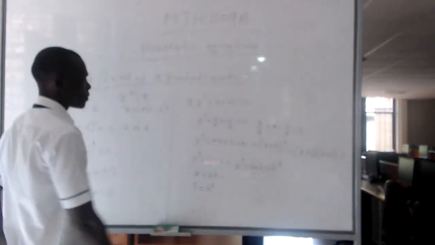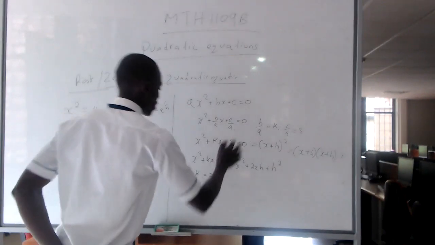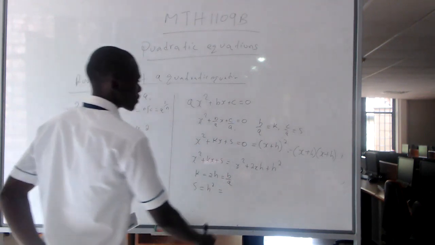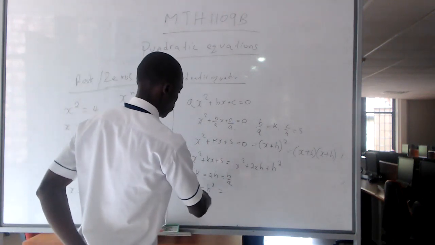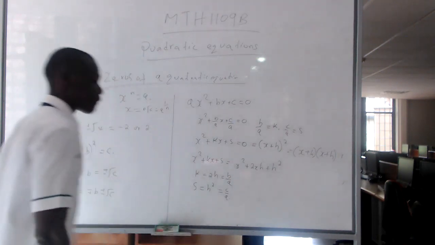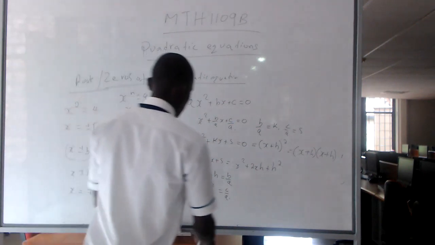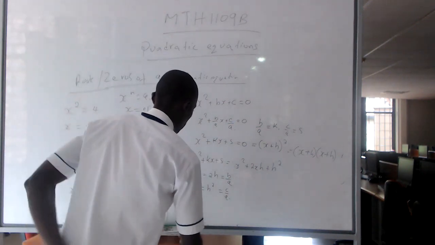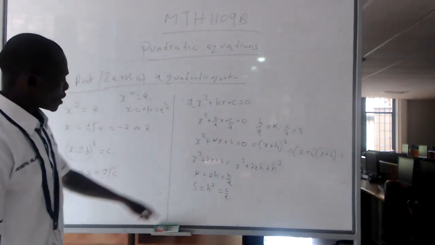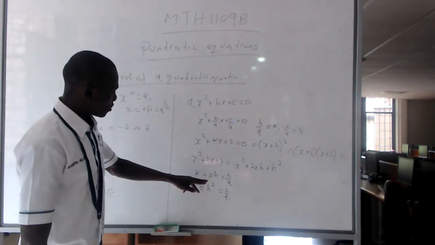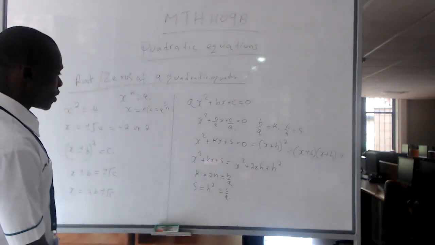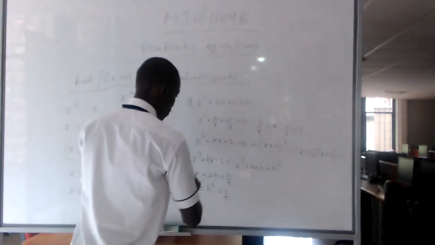But what was k? K was b divided by a. And what was s? Sorry, s was c divided by a. So this means from here we can actually obtain, k is equal to 2h, which is b divided by a. I can obtain h from here in terms of k.